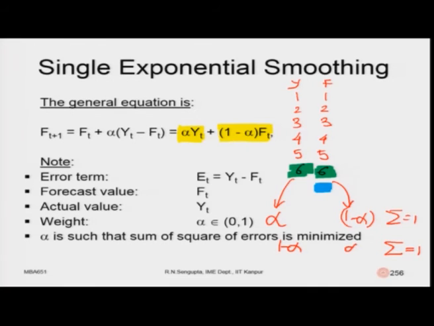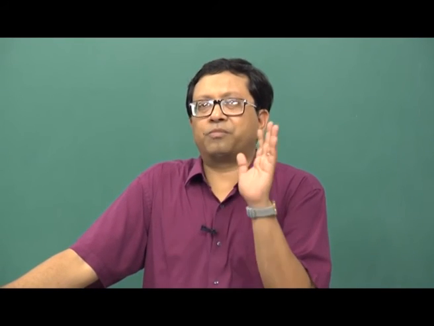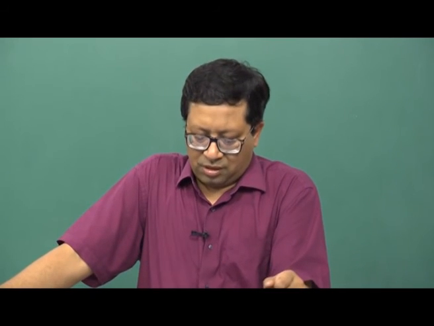Now, the question would arise: can I go more back, rather than the 6th period, can I go into the 5th period, the 4th period? The answer is yes. The further back you go, you are utilizing the information from the past in order to predict for the future.